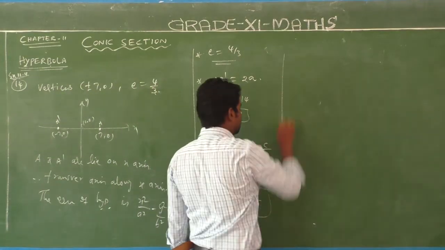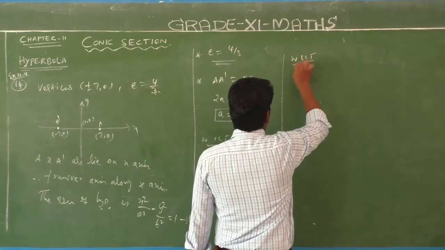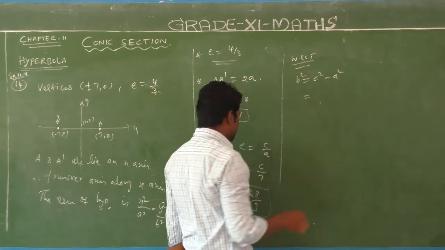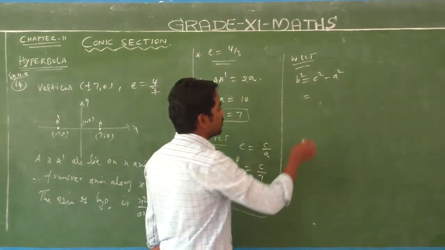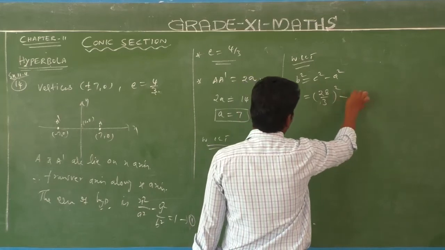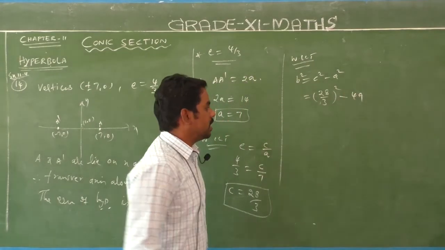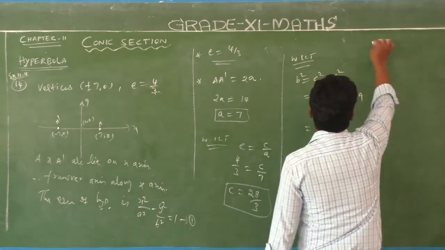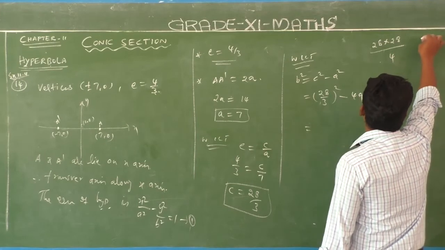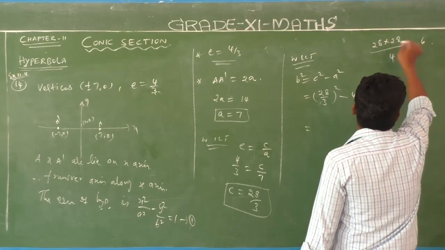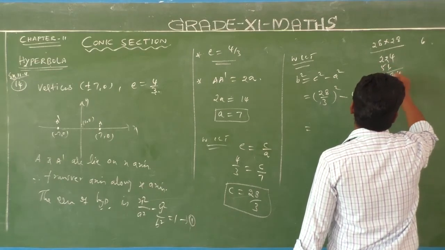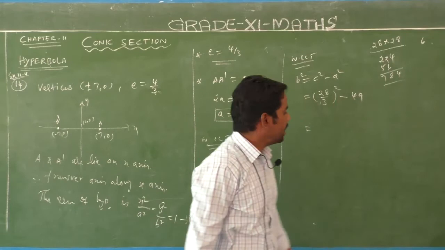We know that b squared is c squared minus a squared. So here the c squared value is 28 by 3 the whole square, minus a squared, which is 49. 28 into 28 is 784.